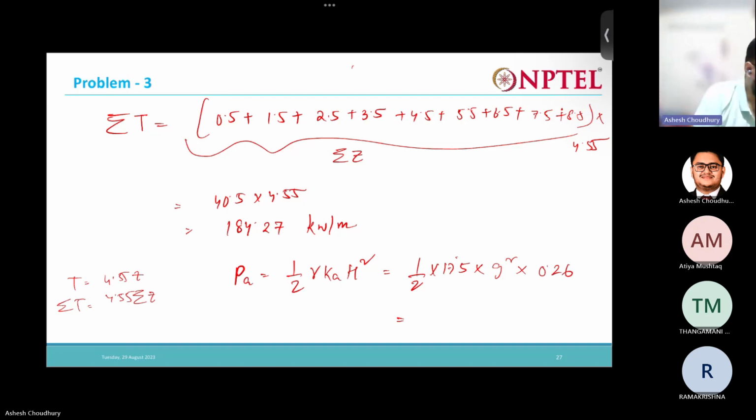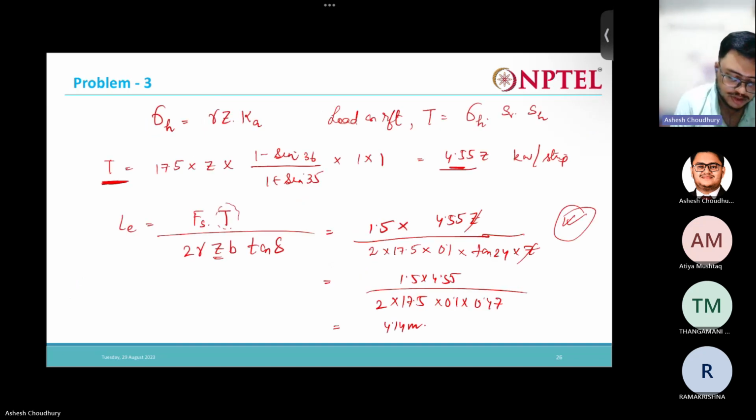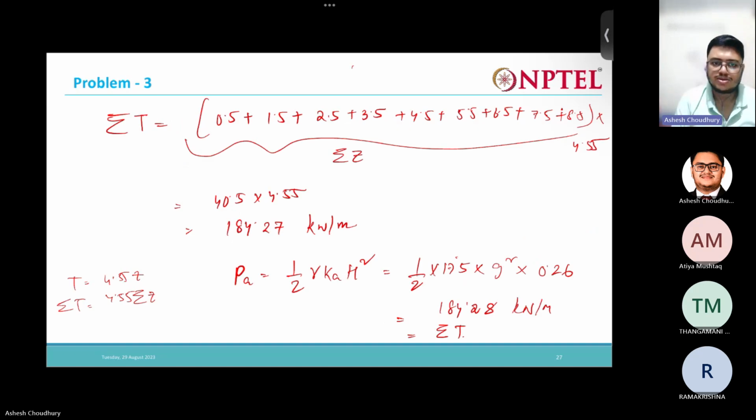So it will be the same, 184.28, which is equal to summation T. So total PA is actually distributed as tensile load on each of the reinforcement. Just a cross check, back calculation, nothing else.